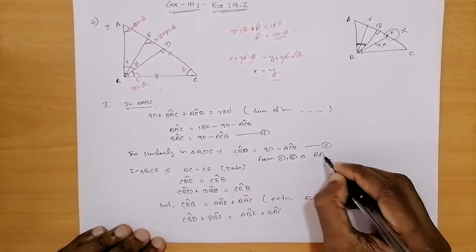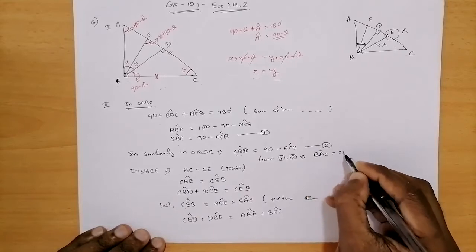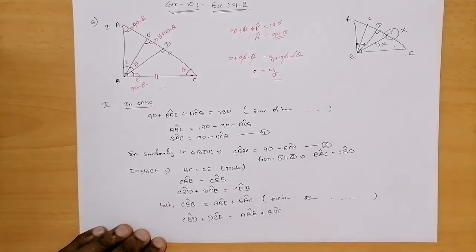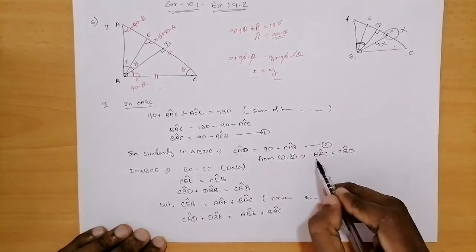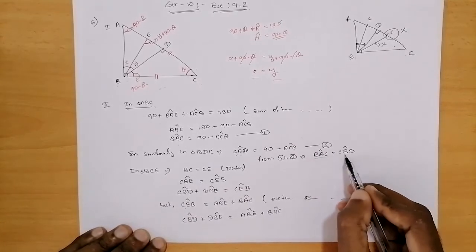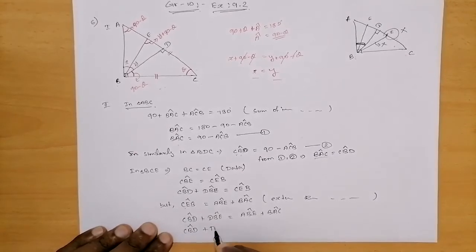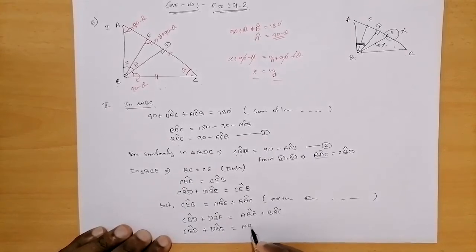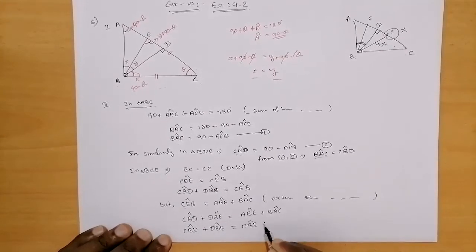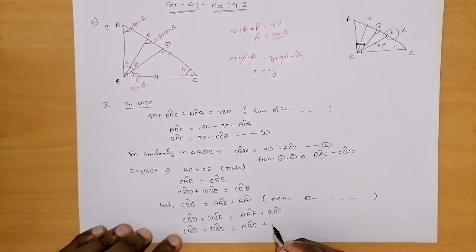So BAC equals CBD. So instead of BAC, we can replace it with CBD here. So CBD plus DBE is equal to ABE plus BAC. We can rename it to CBD because we proved it.